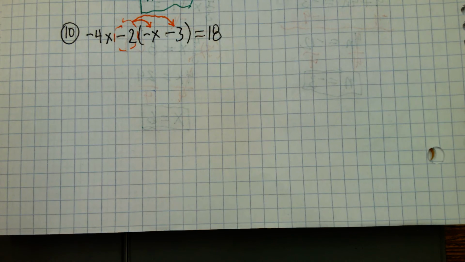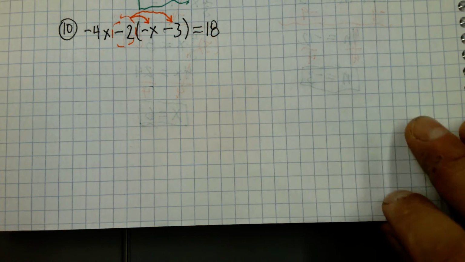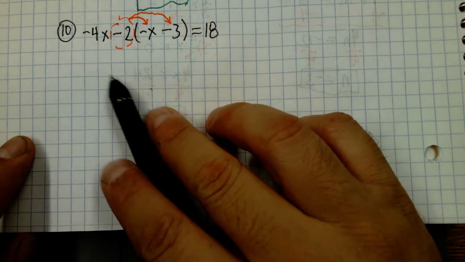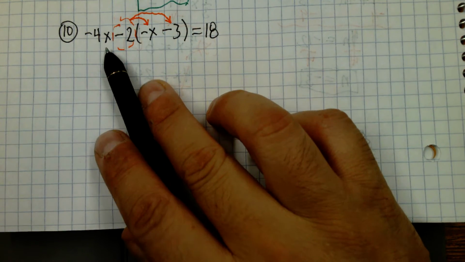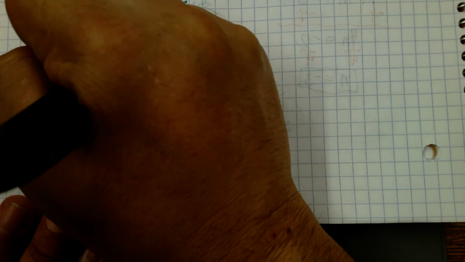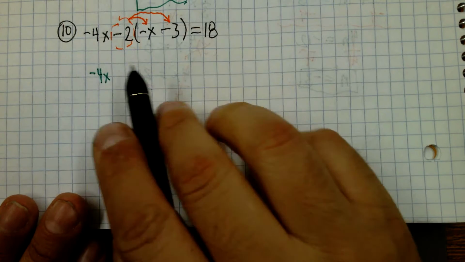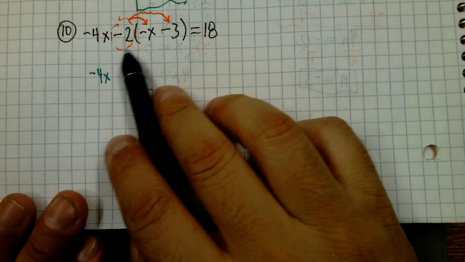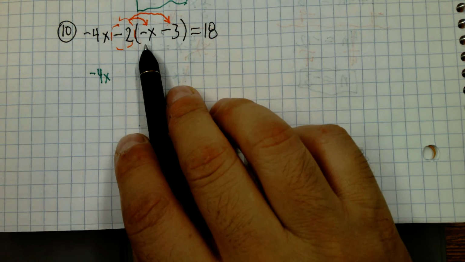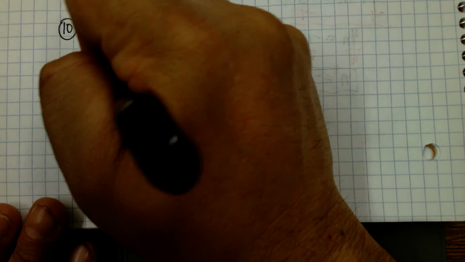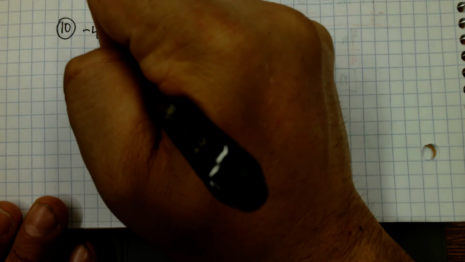Let's do it. Okay. So am I doing anything with negative 4x right now? Bring it down. Just comes down for the next step. Now I'm ready to distribute negative 2 times negative x. It's a negative times a negative. That makes a positive, so plus 2x.